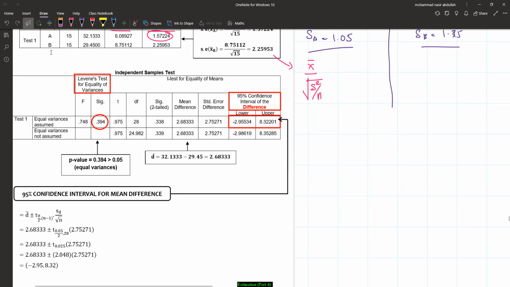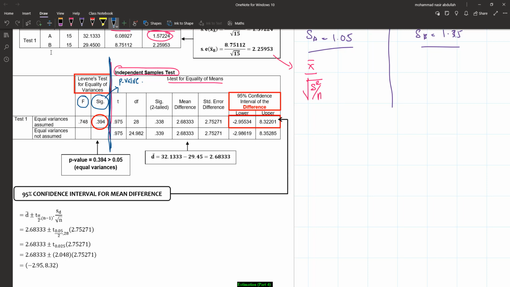And then this is Levene's test. If we look here, table number 2, the independent samples test, t-test for equality of means. The first half of the table is Levene's test for equality of variances. It will give you two values, the F value and the significance value. Significant value, Sig., is also known as the p-value.